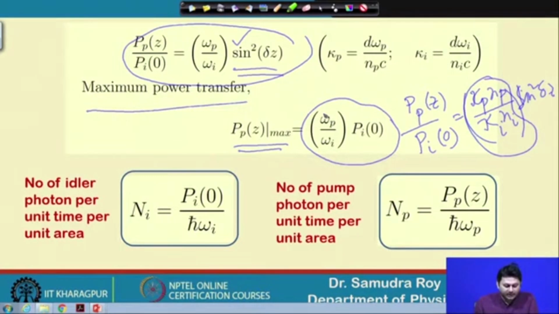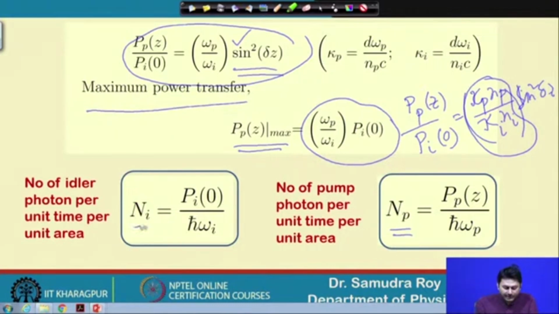Now, the number of idler photons per unit time per unit area that is moving can be represented in terms of power and energy, we know that. So, idler power at z equal to 0 divided by the energy of a photon can give you the total number of idler photons. Also, we can find out the number of pump photons.